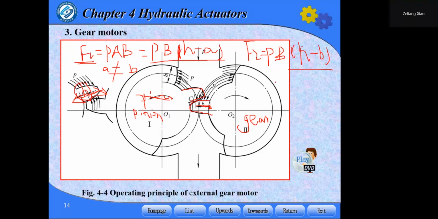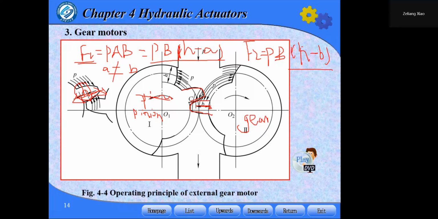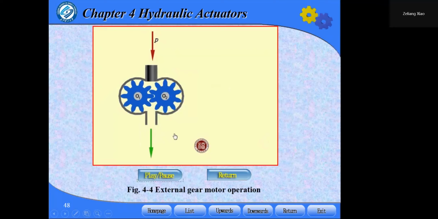So under the action of the torque, the motor will operate. Okay, I'll play the video. You can see it.